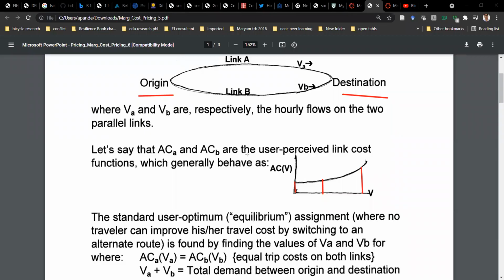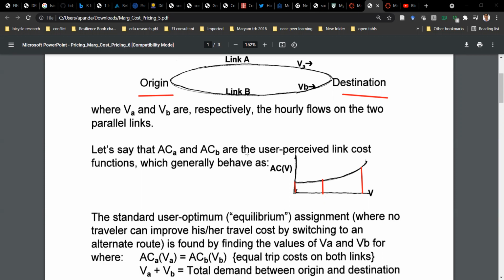So I'll go with the one response that I got, which is the right one: at any given demand level, the equilibrium will happen when the travel time on both links becomes equal, right? If both routes are being used, when the travel time on both routes becomes exactly the same, that's the equilibrium, because there is no point in switching routes anymore since both routes give you the same amount of travel time.